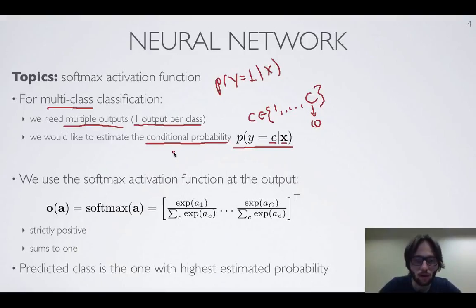To get an output which corresponds to a valid conditional probability, we use as the output activation function what is called the softmax activation function.